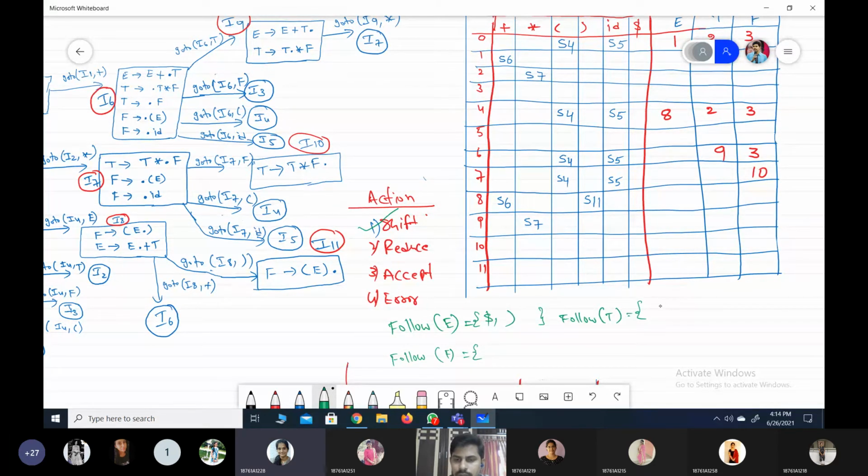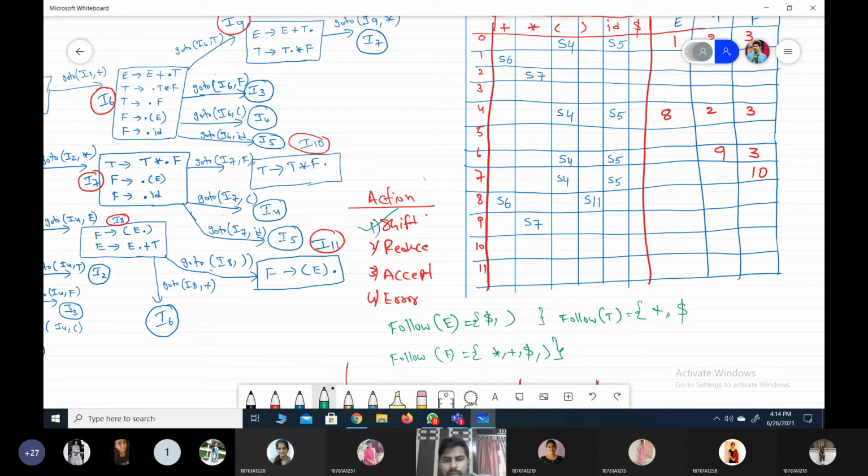Follow of T is plus and dollar. Follow of E dash is dollar, with no need of parenthesis, since E dash leads directly to E. So follow of E, and follow of T is also plus and dollar only. Then follow of F is star, plus, dollar, and closure parenthesis.